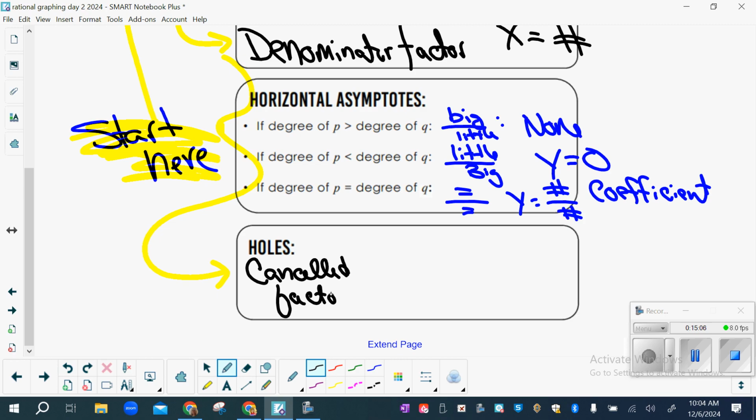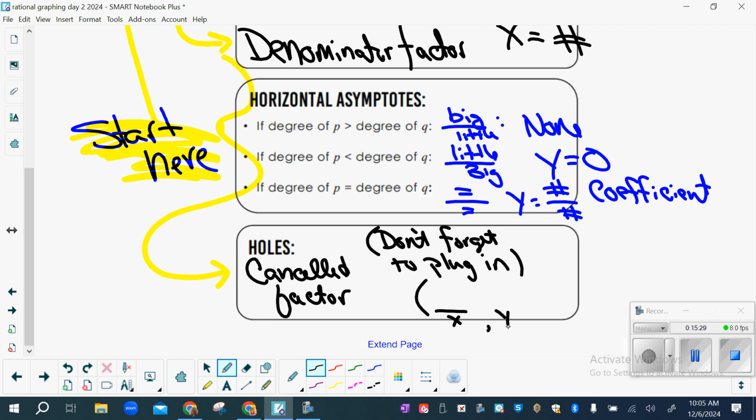And the only thing that's tricky here is don't forget to plug it back in, right? So I'm going to say, don't forget to plug in. And it'll be whatever you get for your x and whatever you get for your y. Boom.